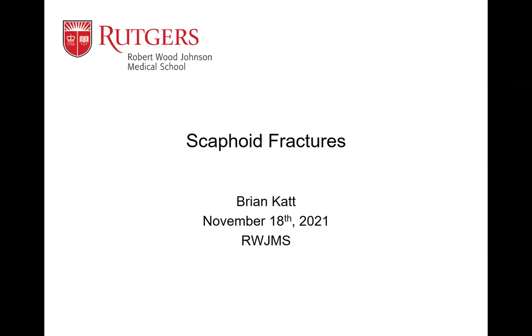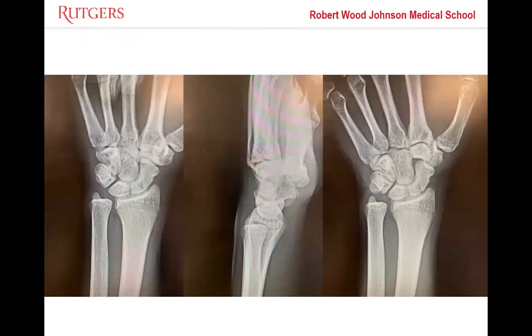So the first one here is going to be a case that I just saw yesterday. And this was the end of the day. This was a kid that was referred to me. He's a 10th grader. He plays the first line on the ice hockey team at Toms River. And he had a fall playing ice hockey about 4 weeks ago.